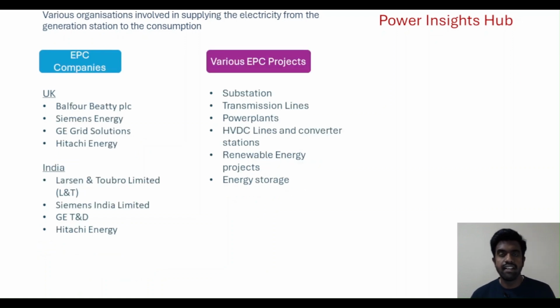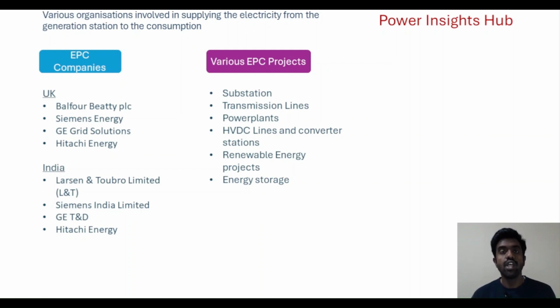Well, as I said earlier, there are some companies which are directly supporting the electricity supply chain and some companies which are indirectly supporting it. Here is one of those, the EPC companies. What do they actually do? Electrical infrastructure consists of various projects, right? You can't completely change the grid within a day.